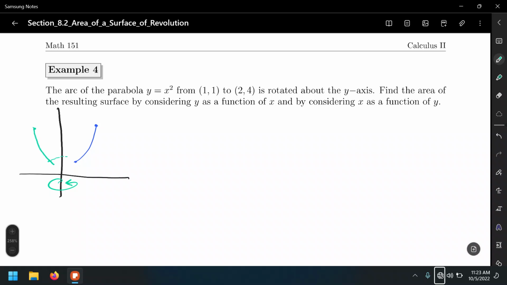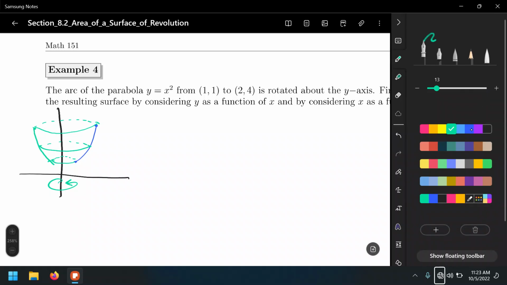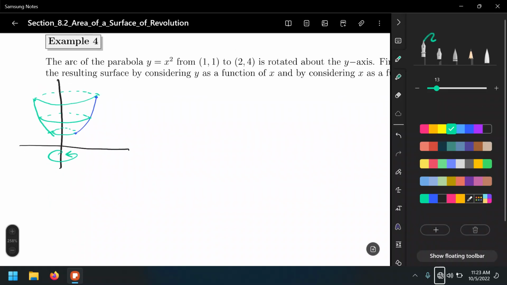That's the solid that we obtained. It's a revolution about the y-axis. So let's see. Number one, let's set up an integral from 1 to 2.